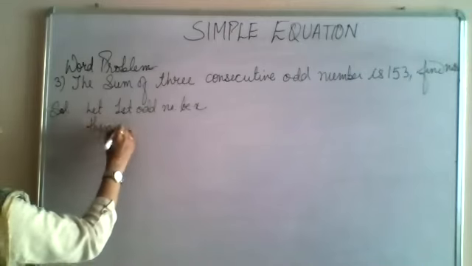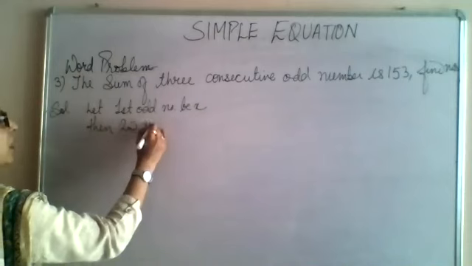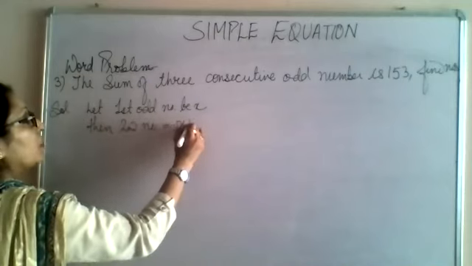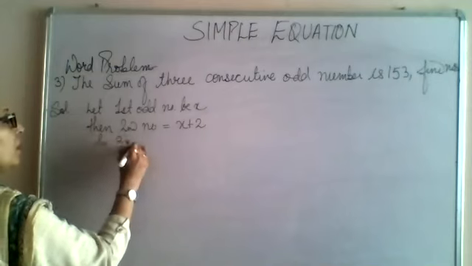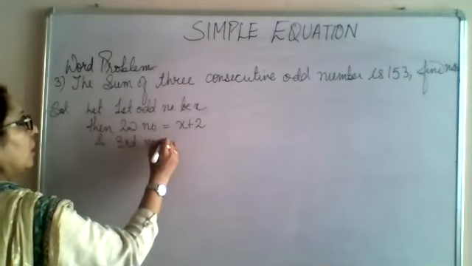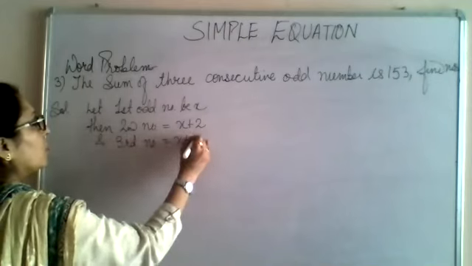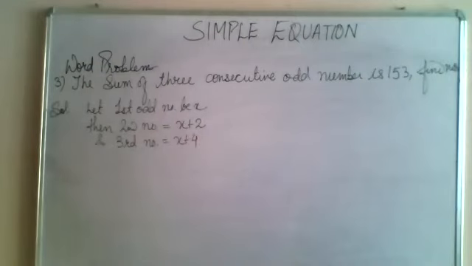Then the second number will be x plus 2 and the third number will be x plus 4. Every time you add 2 and you will get consecutive even numbers or odd numbers. In both, you will use plus 2.